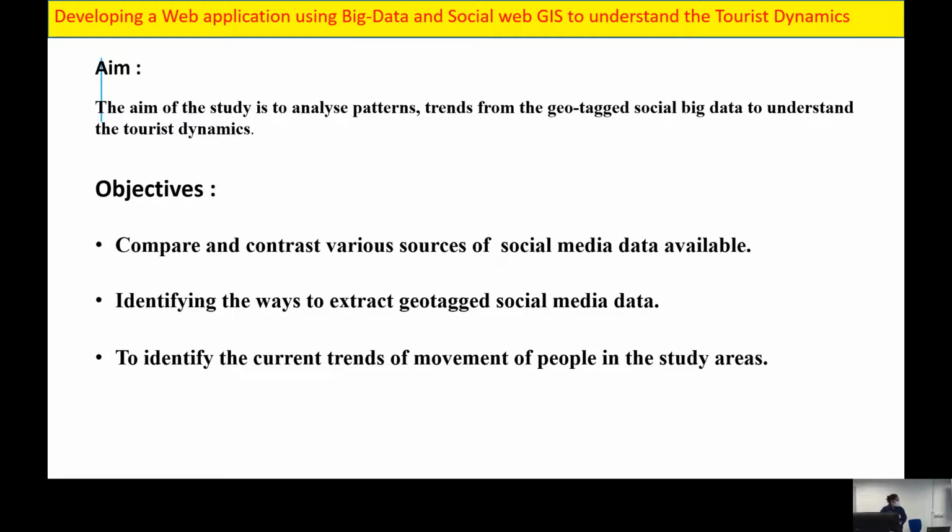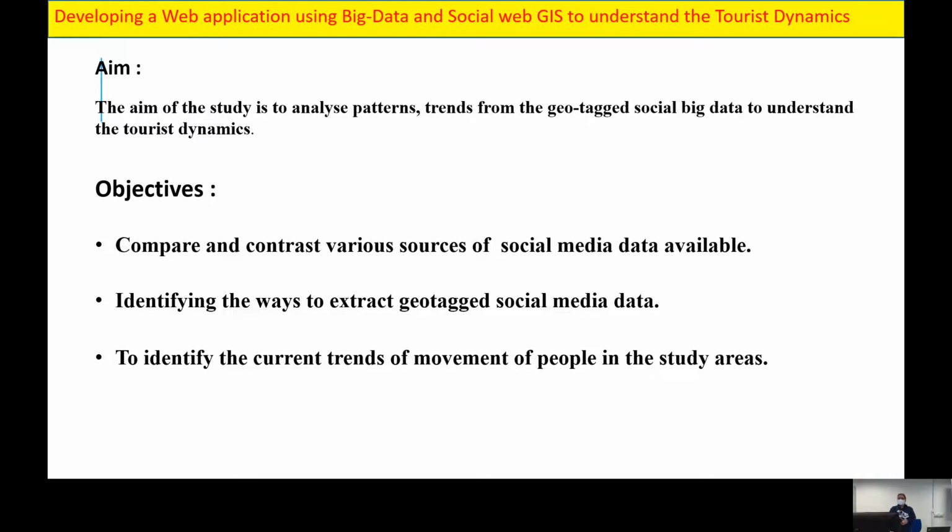The objective of this project is to compare and contrast various sources of social media data available, identify how we can extract the data from that particular site in a usable format, and identify the current trend of the movement of the people in the study area.